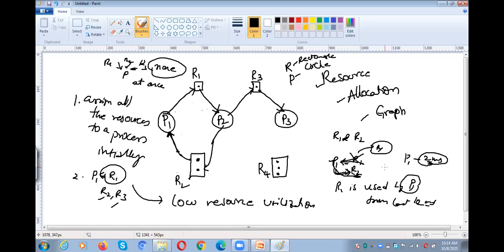So this is not a good idea. The process has been using the resource for so much time, and at the last it requires a resource for only 2 milliseconds. But for that, the process has to release the earlier resource R1, and only then are we allowing the process to use the next resource, even for 2 milliseconds of time. So this is not a good idea.